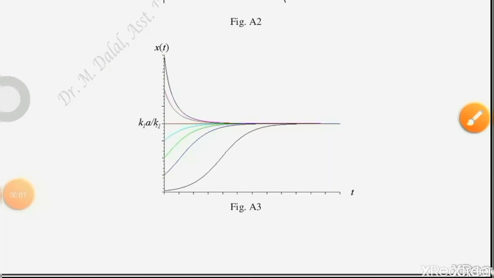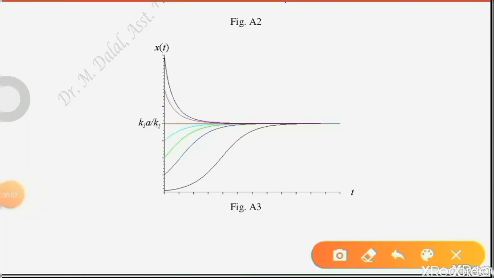So this is the phase portrait where x equal to 0 and x equal to k1a by k minus 1 are the two fixed points. x equal to 0 is the unstable fixed point, and x equal to k1a by k minus 1 is a stable fixed point.